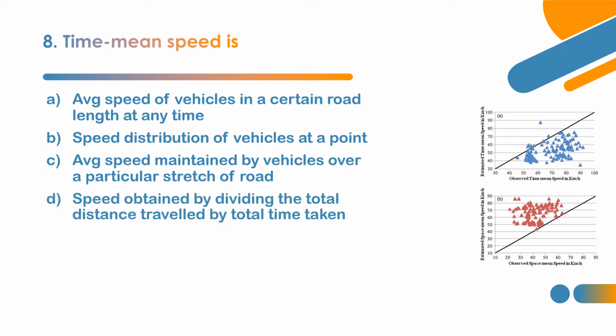Option D, speed obtained by dividing the total distance traveled by total time taken. There are many speeds like time mean speed, space mean speed, instantaneous speed, spot speed. So which definition suits time mean speed, option A, B, C or D?